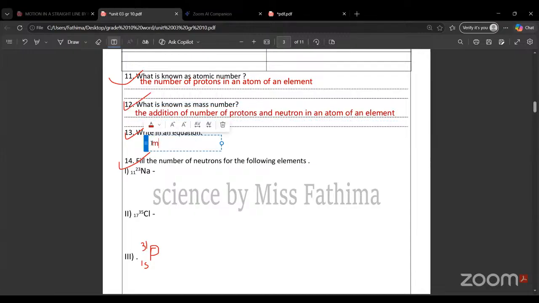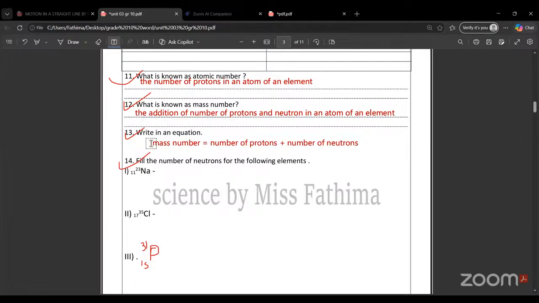What's the equation? Mass number equals number of protons plus number of neutrons. That will give you the mass number, right?